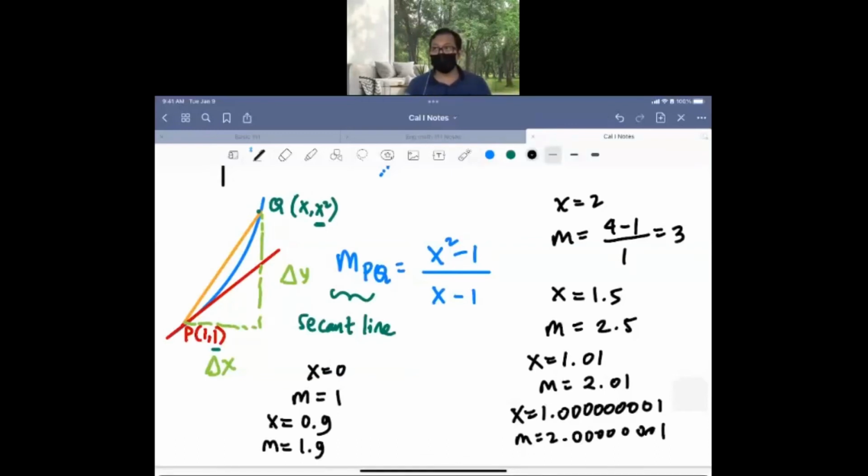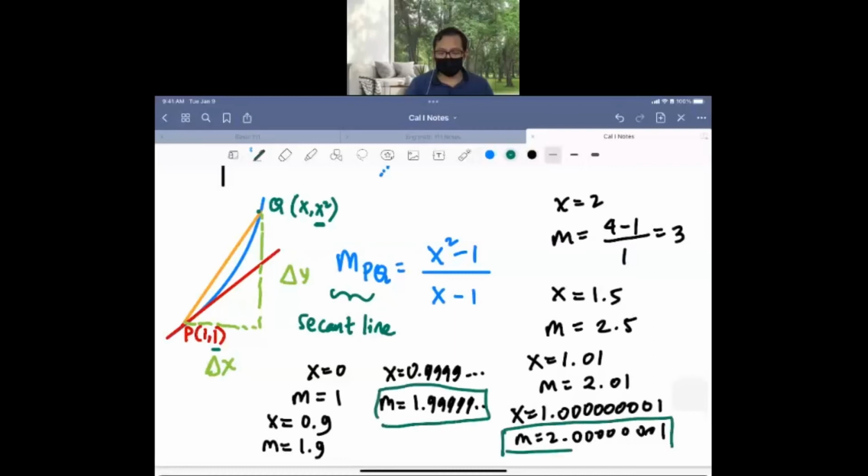If we increase it, almost reaching 1, so x is maybe 0.9999, m is also getting 1.99999 something. From this phenomenon, we can say that m is actually getting closer to the number 2. It's getting closer to m equals 2.